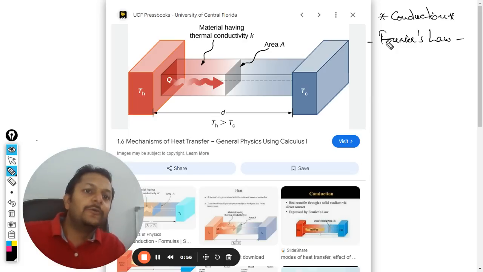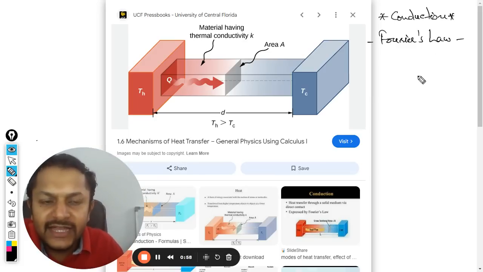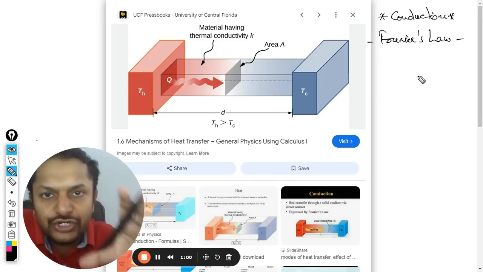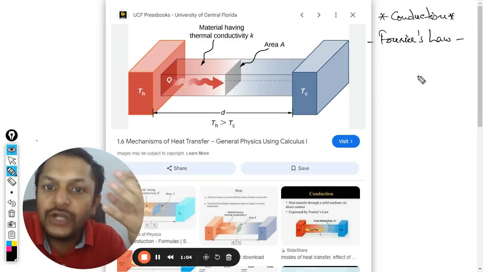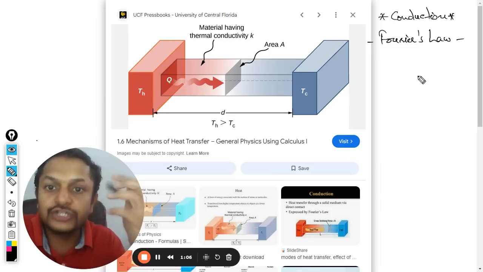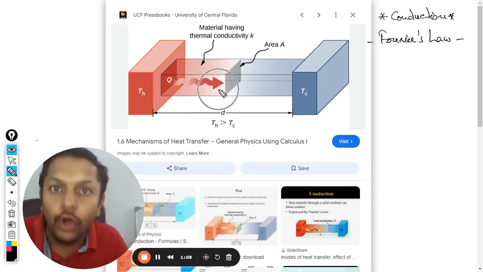Fourier's law is applied when conduction is taking place. Conduction takes place through metals, conductors, and rods. So we are taking the example of a rod here.